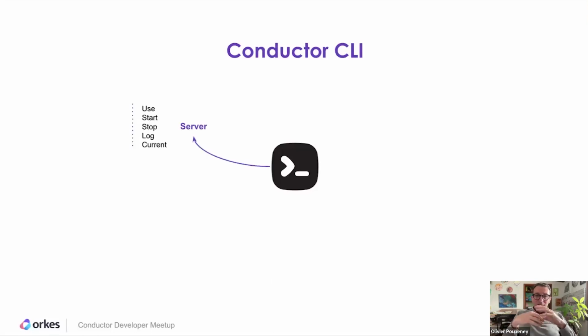It means that through this little tool, you're going to be able to connect to your Conductor server and do all the common operations like start, stop, see what is the current server you attach to, switch from one server to another one. But you can also do everything about workflows.